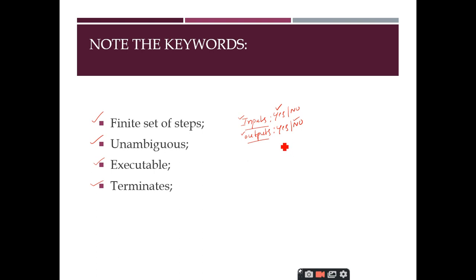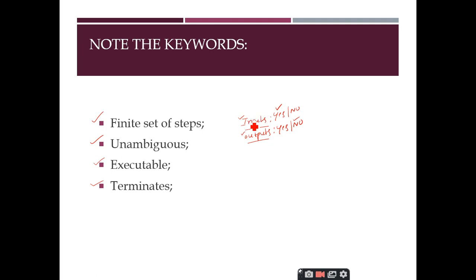So this is the point you have to remember. When you write an algorithm, that means you are giving a solution to a problem. You can write the algorithm such that it may or may not accept inputs, but you cannot write an algorithm without outputs. So an algorithm should definitely have at least one output, one or more outputs, but that is not mandatory with respect to the inputs.